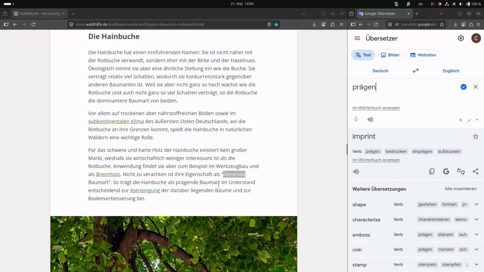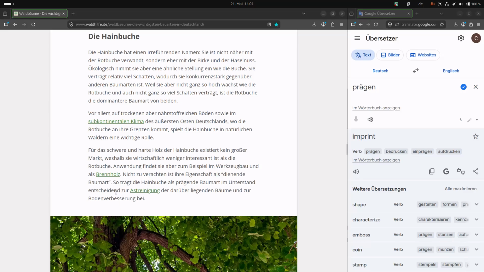Prägende Baumart, tree species, in the Unterstand, understand, you could say, stehen, stand, not understand in English, where you say I understand, I comprehend, but Unterstand means very much literally, standing under something.